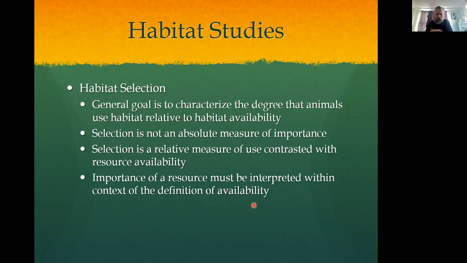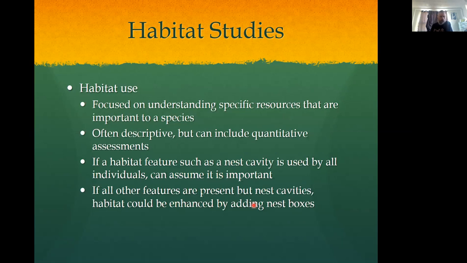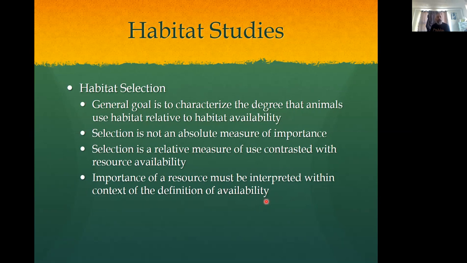One thing that's important to remember here is that just because an animal chooses to use an area doesn't mean it's more important than anything else, right? We go back to this example here. Now, obviously this is habitat use, right? But an animal would only use this nest cavity for a couple of months out of the year, right? So it's not going to be something that it picks all the time, okay? It's not going to be a selected habitat for 10 months out of the year.